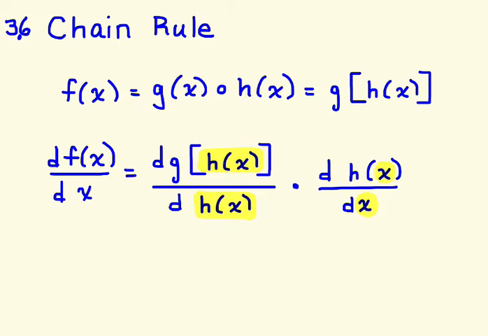Okay? And so let me give you an example of this, because you could actually have a triple chain, and we could have more than one function there. We could have g of h of k of x, right? And keep going. So let's say f of x is a composite function, and it's equal to the cosine of x squared. And this is definitely a composite function, right?